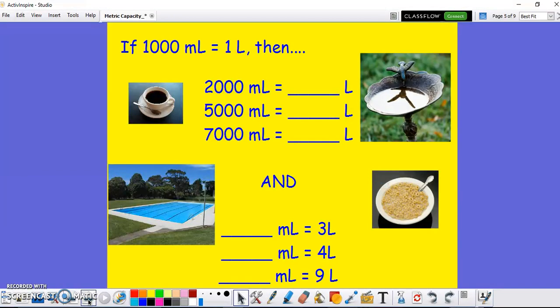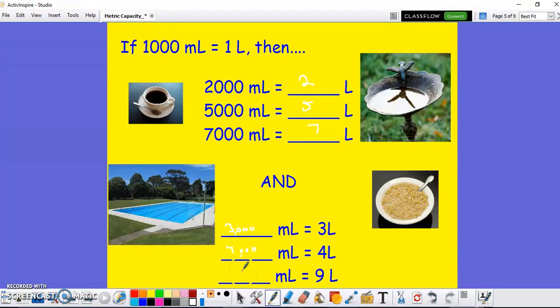So if 1,000 milliliters equals 1 liter, then 2,000 milliliters is going to equal 2 liters. And 5,000 milliliters is going to equal 5 liters. 7,000 is going to equal 7 liters. And the reverse could be true as well. 3,000 milliliters is equal to 3 liters. 4,000 milliliters is equal to 4 liters.